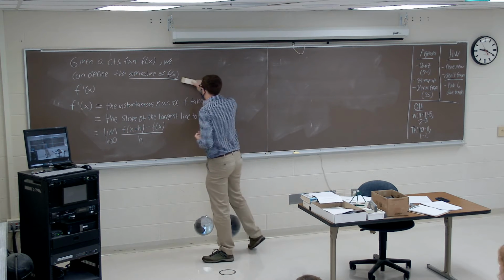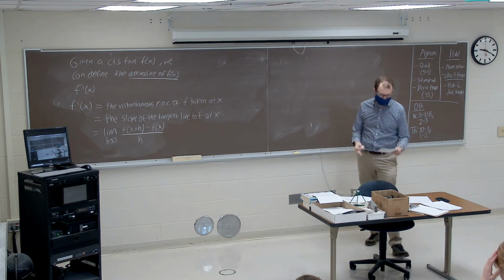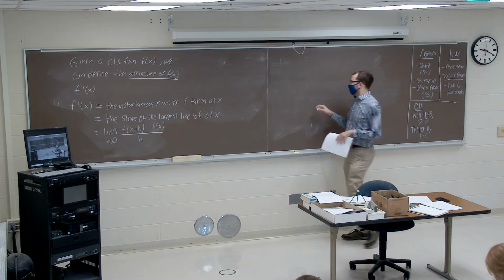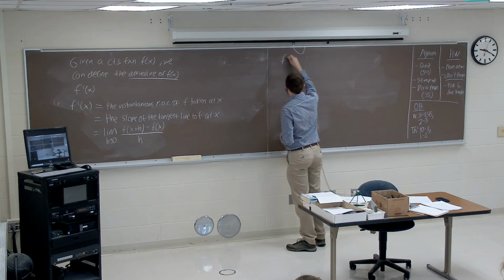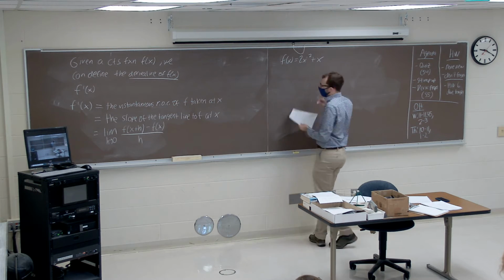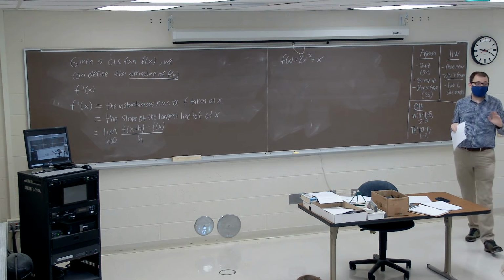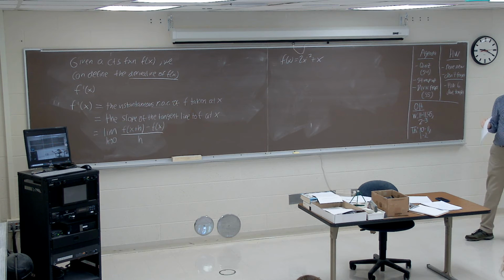So let's take a look at an example where we actually are going to have a specific function, f of x. The function I want to look at is going to be 2x squared plus x. And unlike with standard 4, I'm not going to specify where we want to find the instantaneous rate of change.